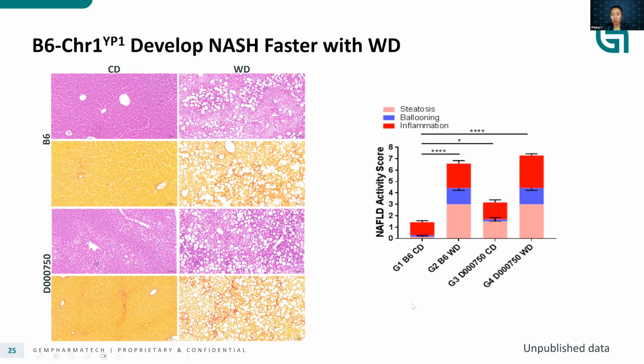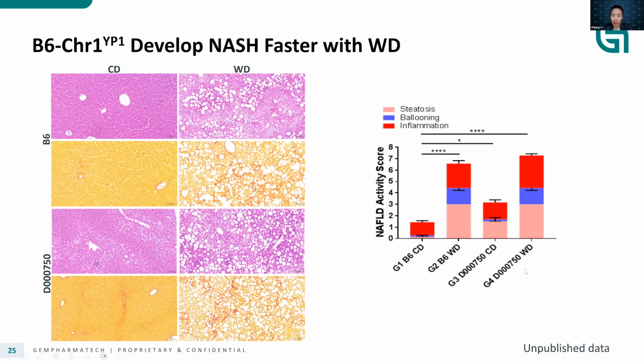If you have been a frequent participant in our webinars before, you have seen us introduce the NASH model that we have developed, and that one is also an effort to accelerate the development of the NASH phenotype, so that particular model can be used for testing potential therapeutics for NASH.